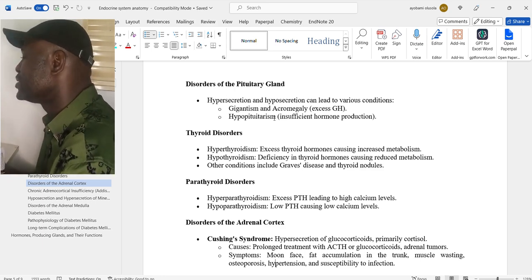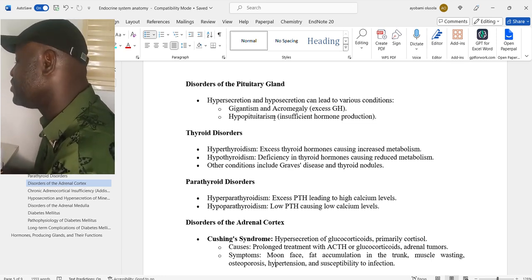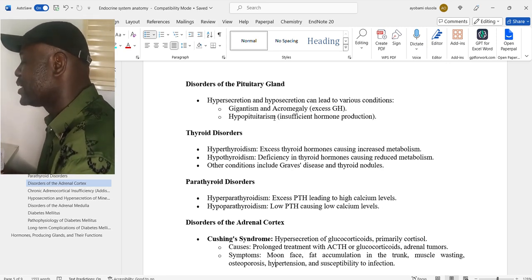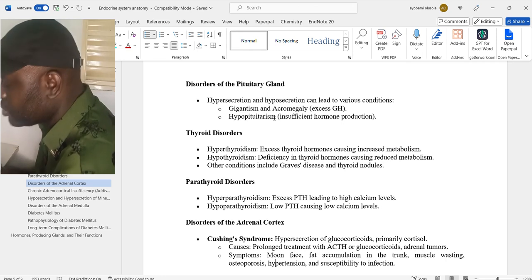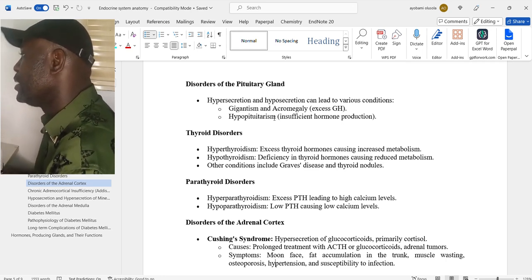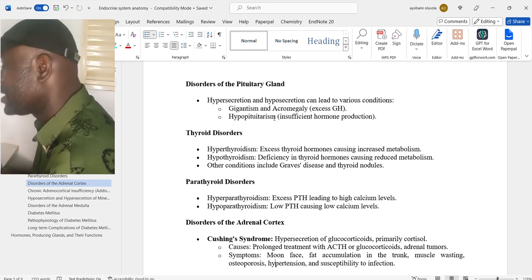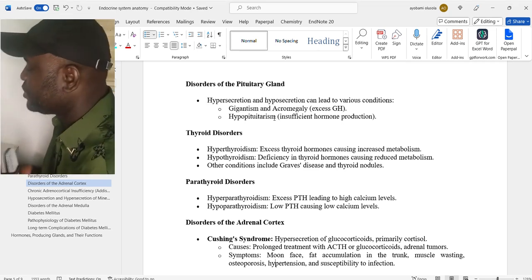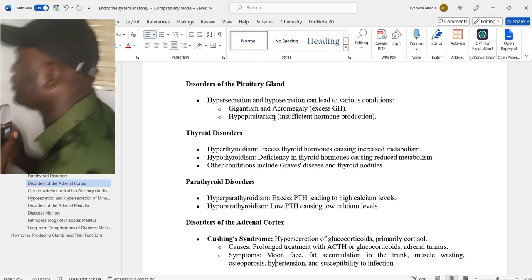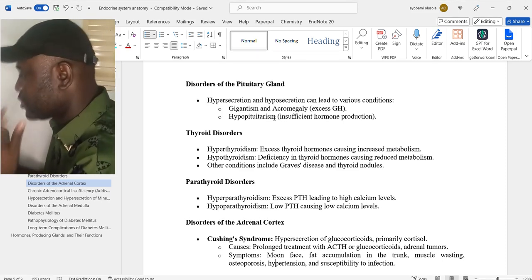Gigantism happens in childhood before the fusion of the epiphyseal plate, the epiphyseal cartilages, while acromegaly occurs in adults after the fusion of the epiphyseal cartilages or epiphyseal plate. With hypopituitarism, there will be insufficient growth hormone production.